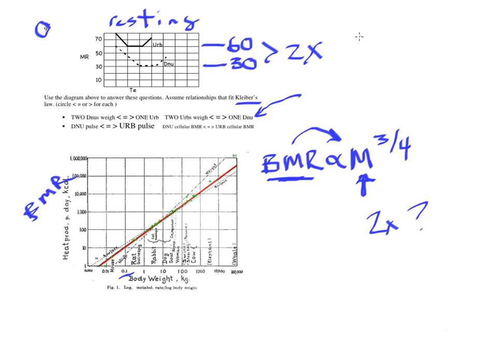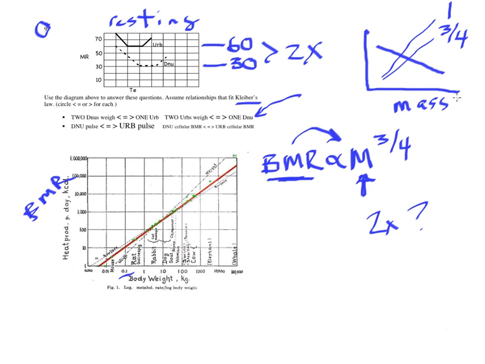We learned earlier in the term, should have anyway, that the cellular metabolic rate, so if metabolic rate is proportional to mass to the 3/4 power, and cell number is proportional to mass to the 1st power, then the cellular basal metabolic rate is proportional to mass to the -1/4 power.